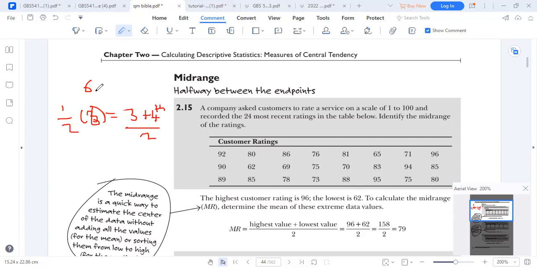So tell me, if your N was 24, what do you do with the median? Half of 24 is what? 12. So what do you do when you find a 12?